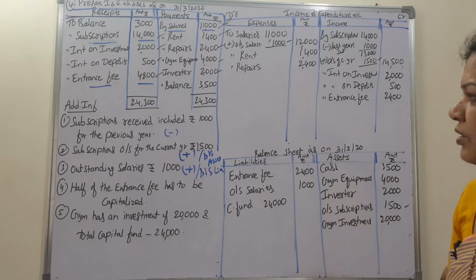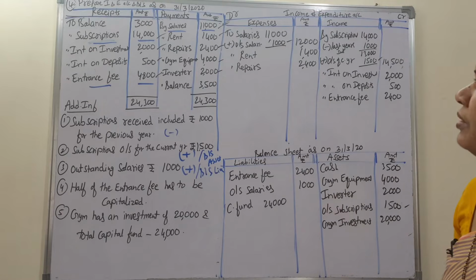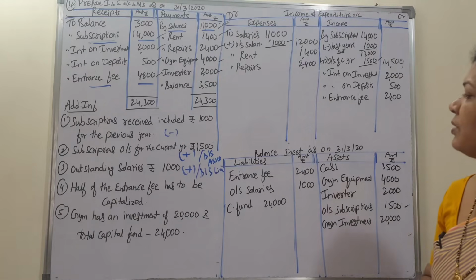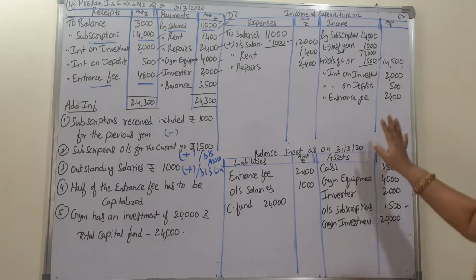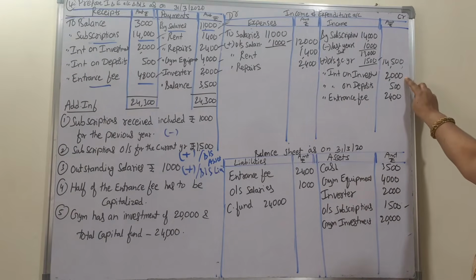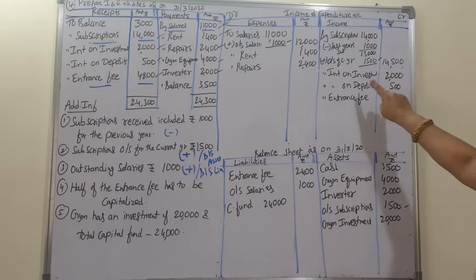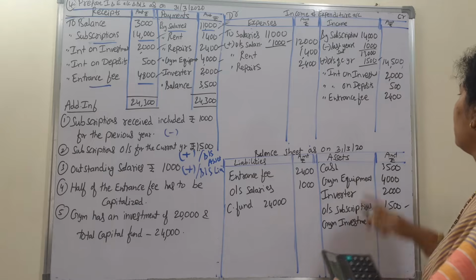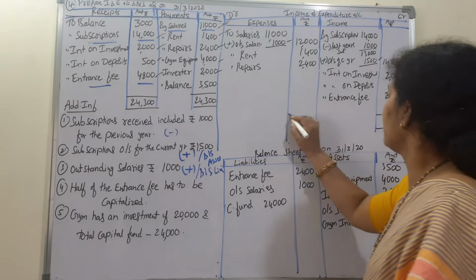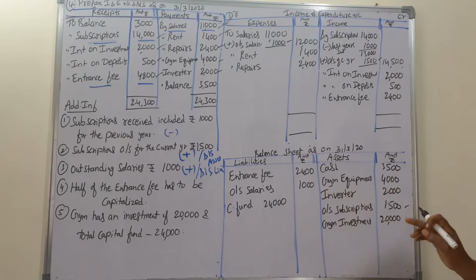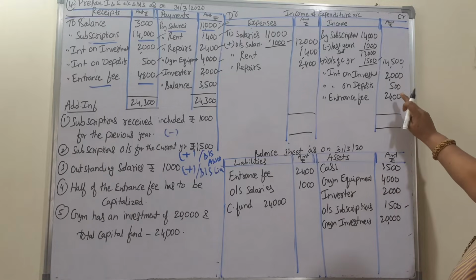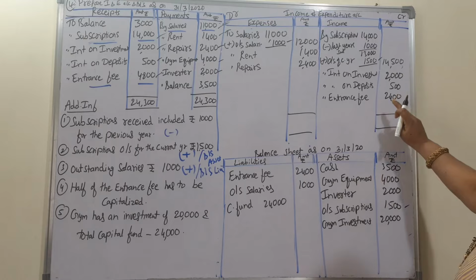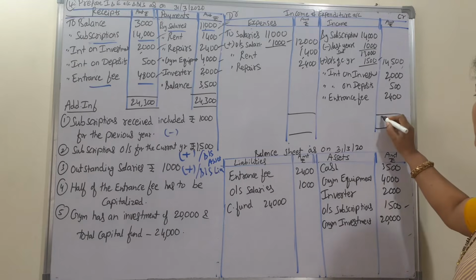I think everything is posted properly. Now we can close the account. Which side is more? 14,500, 16,500. Yes, the credit side is more. 16,500, 17,000, 18, 19,400.